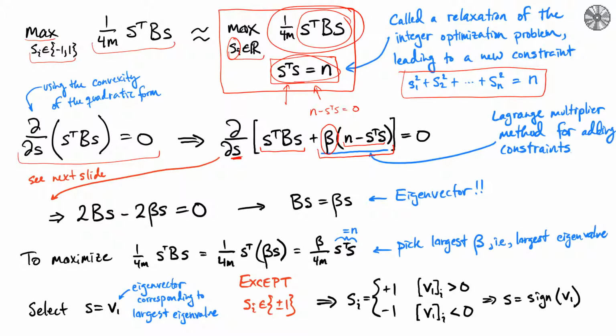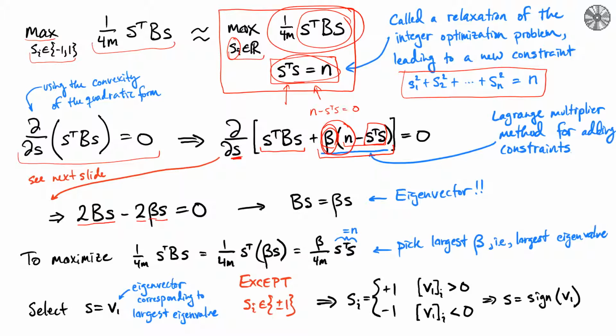What ends up happening is that this ends up becoming 2 times B times S, and then this term here, beta times n, doesn't depend on S at all, so it goes to 0, and you're left with another quadratic term, S transpose S, that we take the derivative of, and that gives us 2S. And then we keep this beta term that's multiplying it. So that's equal to 0. We're finding for what values of S this is actually equal to 0.